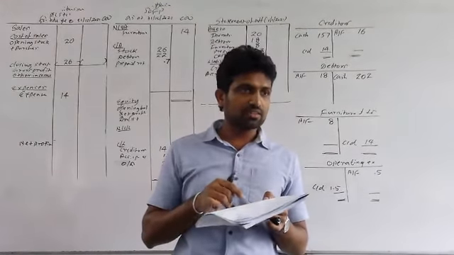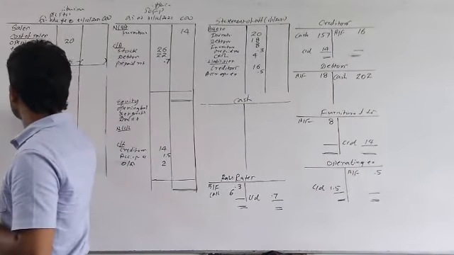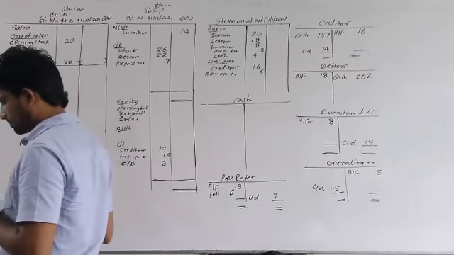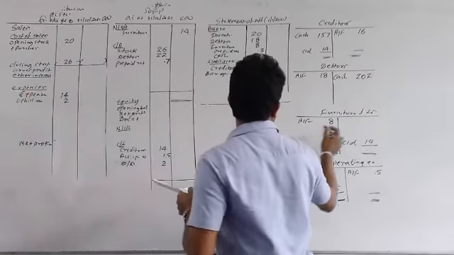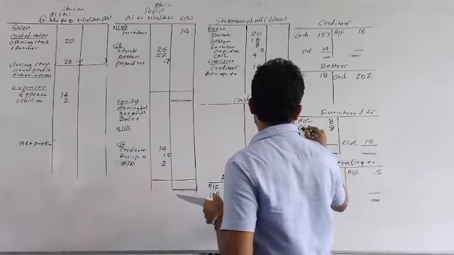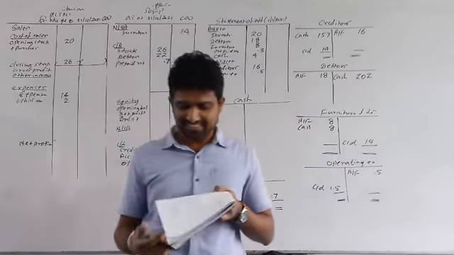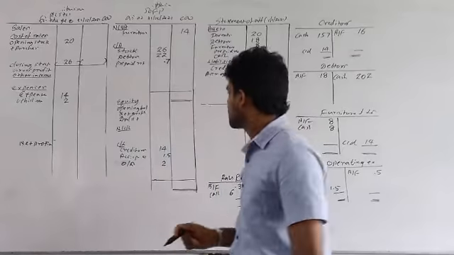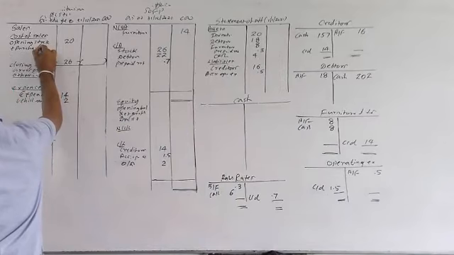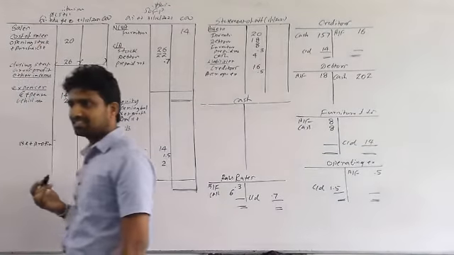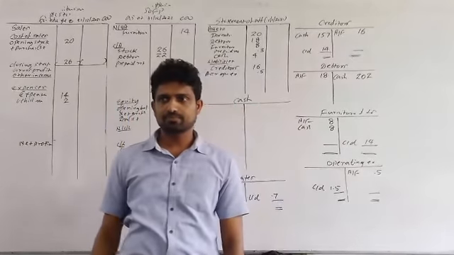Vehicle running expenses 2,000. Purchase of furniture, debit that 8,000 to furniture account. Then cash purchases 3,000, that should be cash purchases. Cash purchases plus credit purchases is how the total purchases should come.